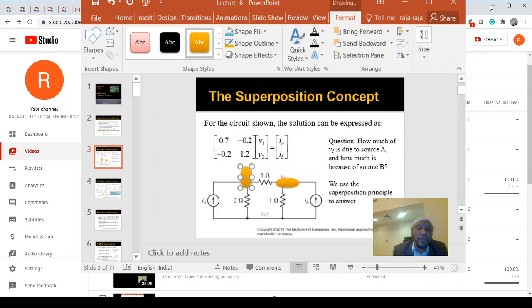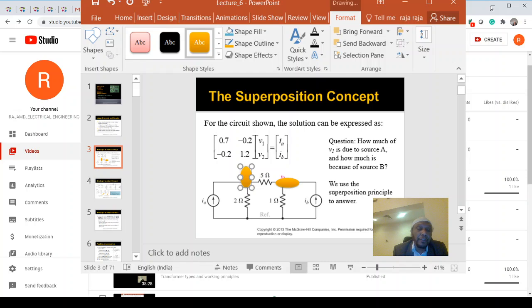If you have two sources, you keep one source alive and remove the other. That means you have to kill one source. Whether it is a voltage source or a current source depends on the circuit. You have to apply the electrical concept to remove that source, keep only one source, and then analyze the circuit. That is case number 1.